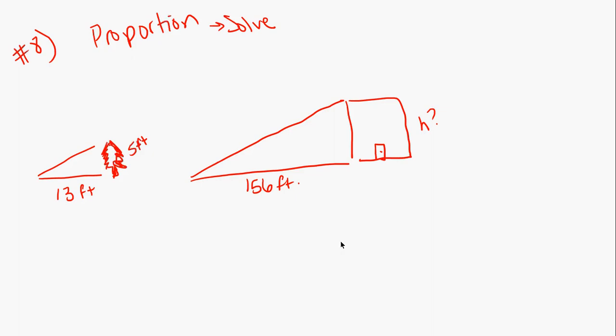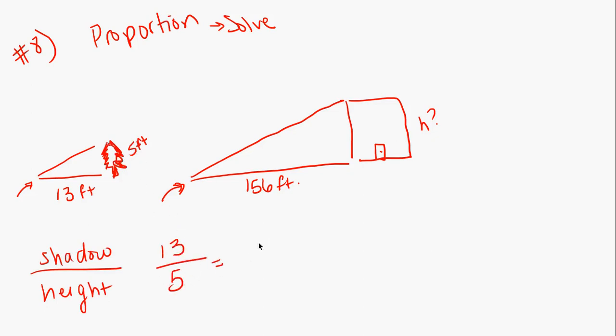So what we're comparing here, they say that this line here, for both of these triangles, that's the shadow. So we're comparing the shadow with the height. So our first triangle, the shadow is 13 and the height is 5.